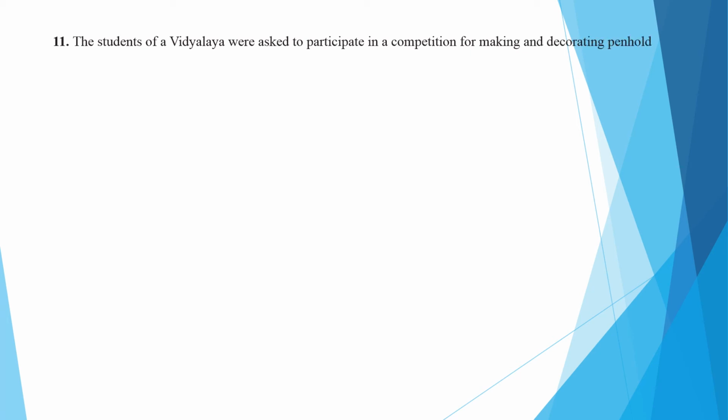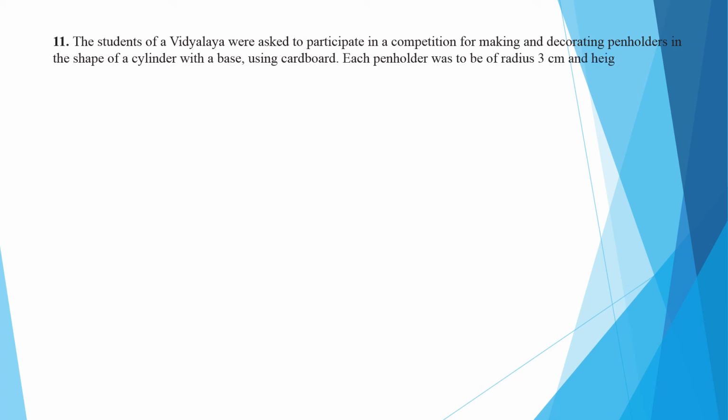After this, we will do the next, that is question number 11. Here in this question it is said that students of Vidyalaya, Vidyalaya here means school only, were asked to participate in a competition for making and decorating a pen holder in the shape of a cylinder with a base, definitely a base will be there, otherwise all the pens will fall, using cardboard.